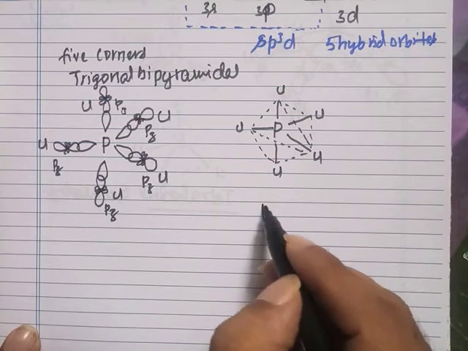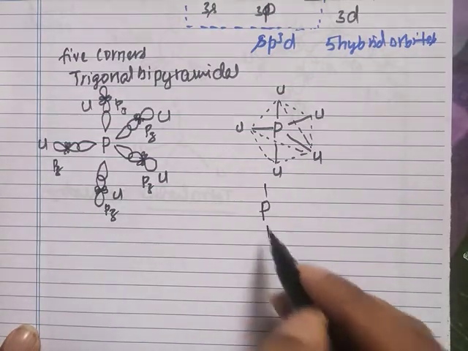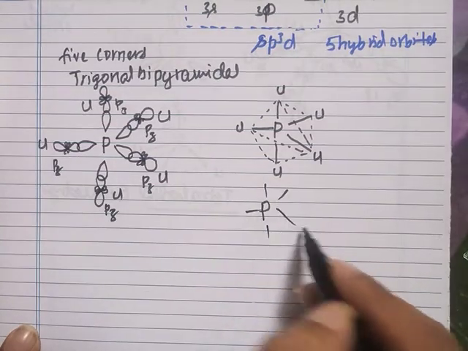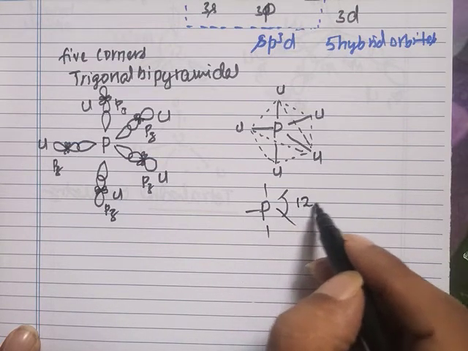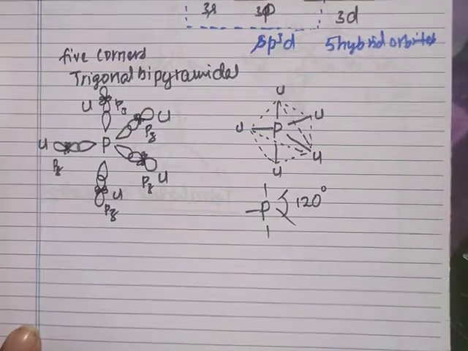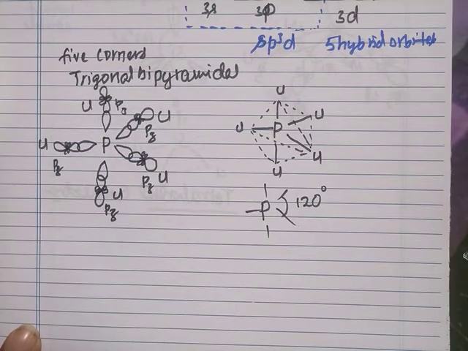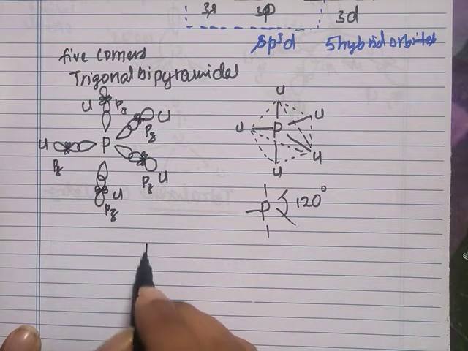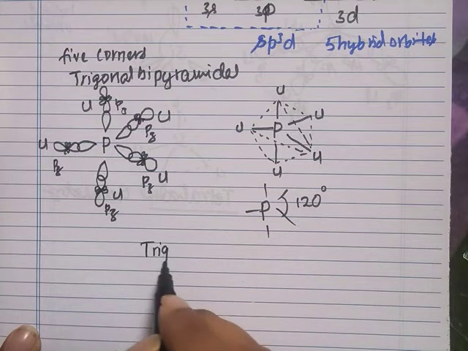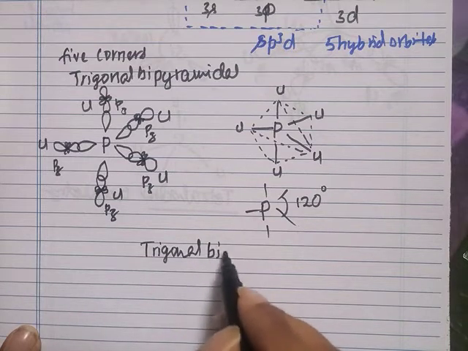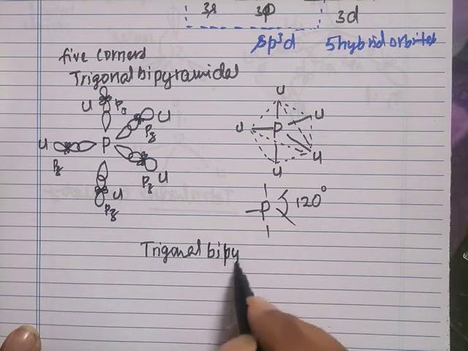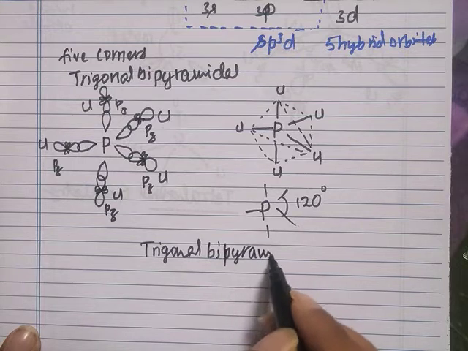So the bond angle is 120 degree and the geometry of the PCl5 molecule is trigonal bipyramidal.